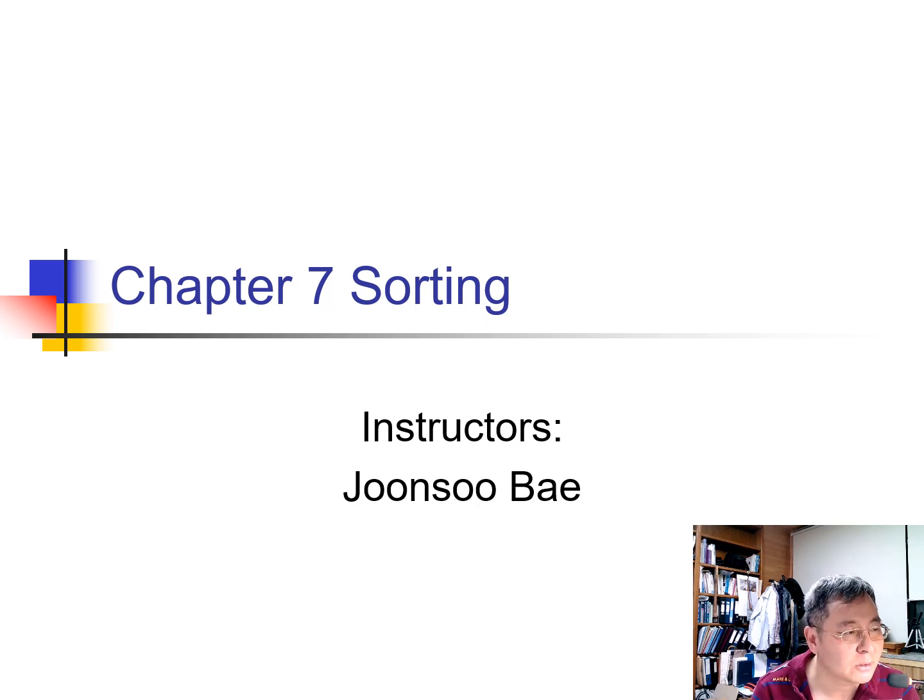Many applications try to search some data stored in data structures. So chapter 7 will introduce what kinds of sorting methods are available. It's also a very fundamental algorithm in many applications.